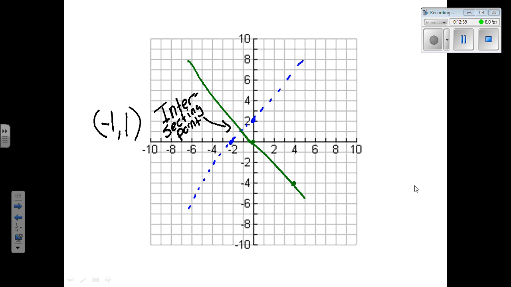So is that going to be an open or closed dot? It is going to be an open dot due to the fact that it is a solid line with a dashed line.